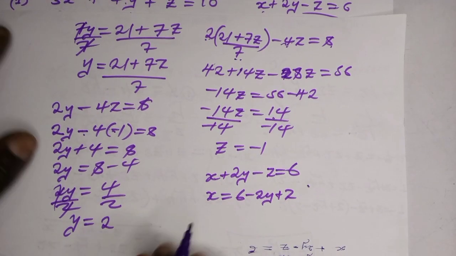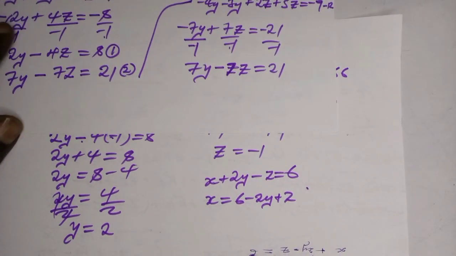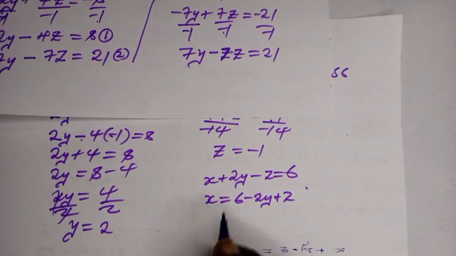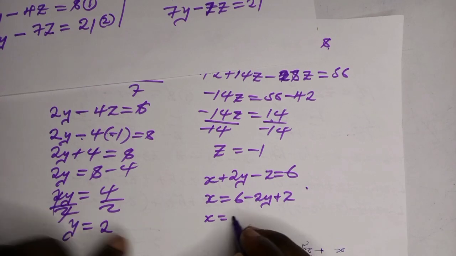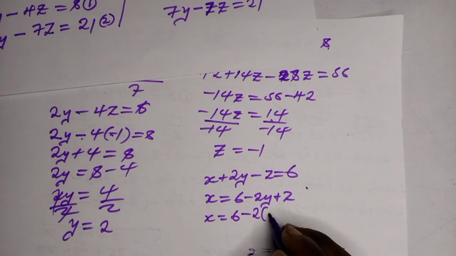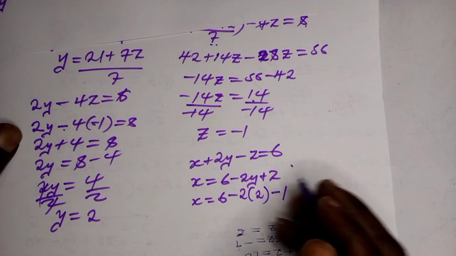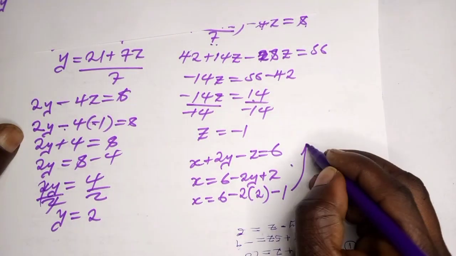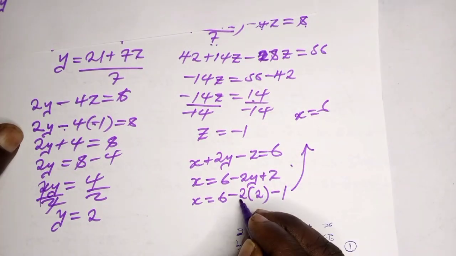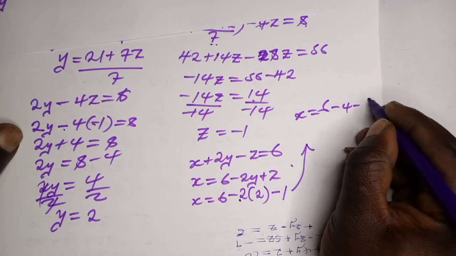We have already found the values of y and z: y is 2 and z is minus 1. So x equals 6, then negative 2 times 2, which is minus 4, minus 1.